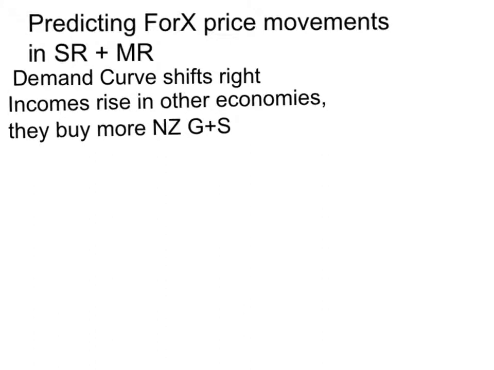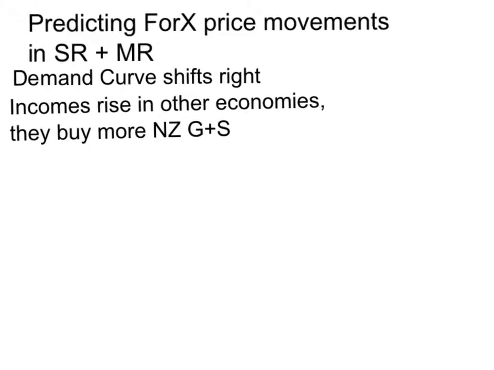So what I'm going to be dealing with first of all is what factors shift the demand curve rightward for the New Zealand dollar. The first thing is that incomes in other countries or economies rise. So what we're talking about is changes in real GDP.